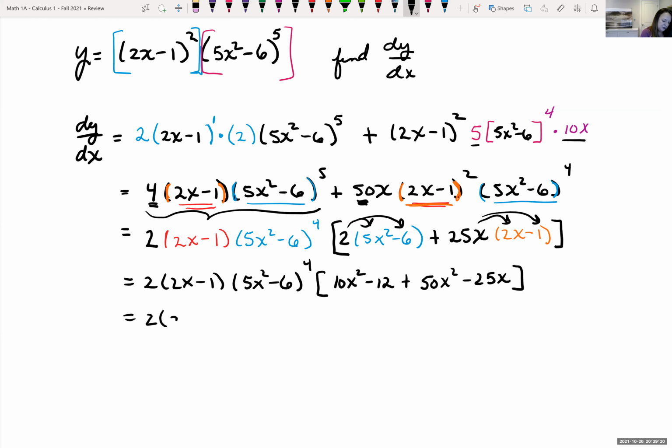So we're almost there. 2 times the quantity 2x minus 1 times the quantity 5x squared minus 6 to the 4th, all times, well, 10x squared plus 50x squared is 60x squared minus 25x minus 12.